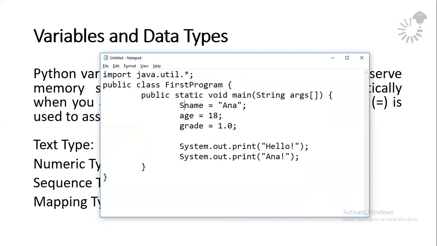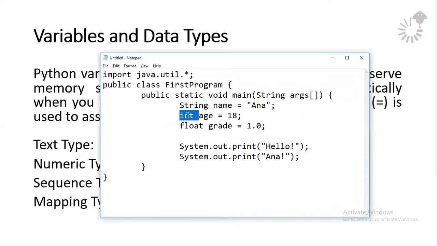However, kay Java, you have to state kung anong klaseng data yan. Name is a string, so data type string. Age is a number, it is a whole number, therefore it is integer. Grade is a decimal, therefore this is a float. So ang declaration, initialization with Java, structure niya or ang syntax niya is data type, variable name, value.